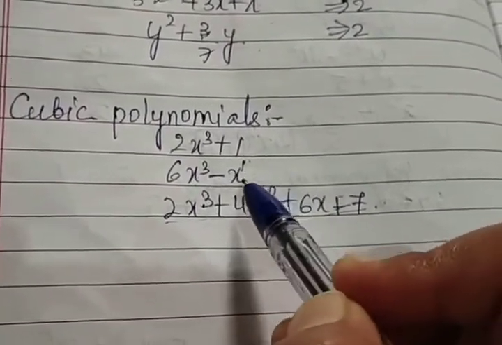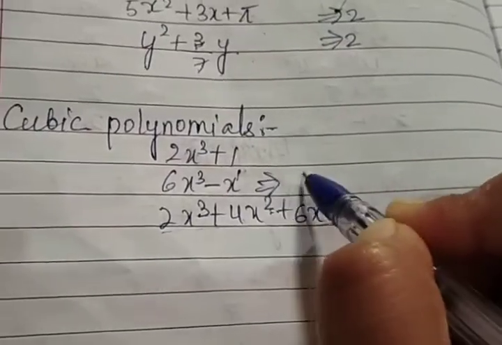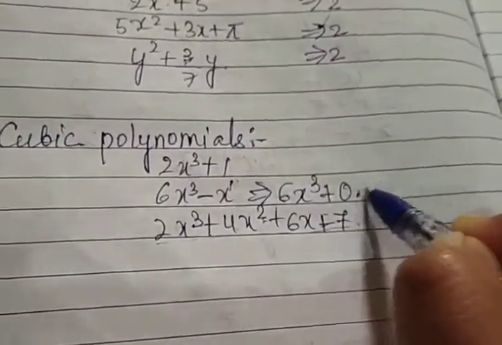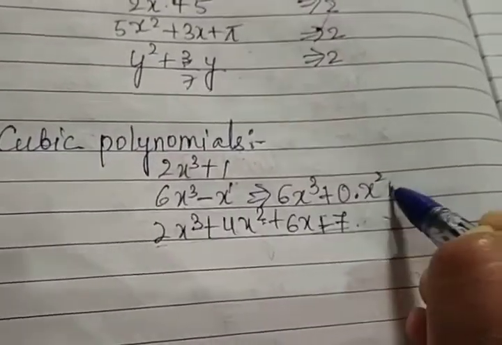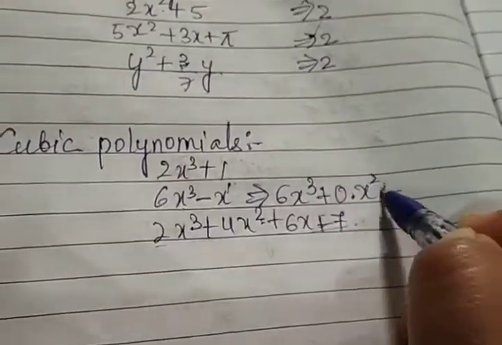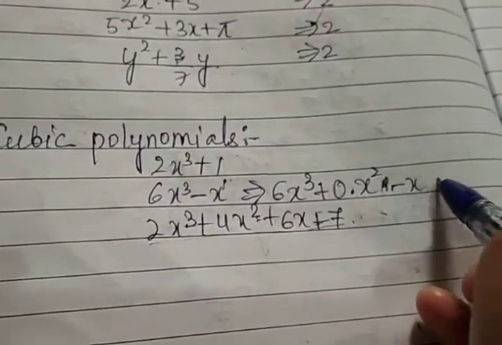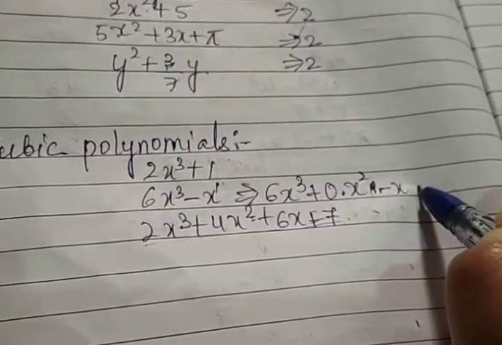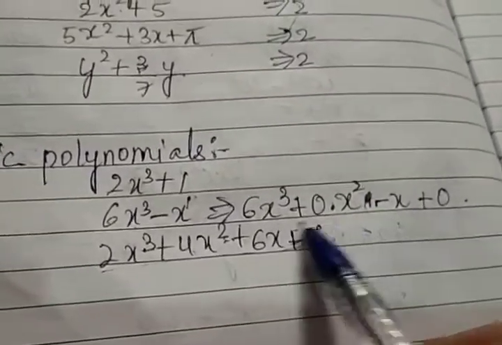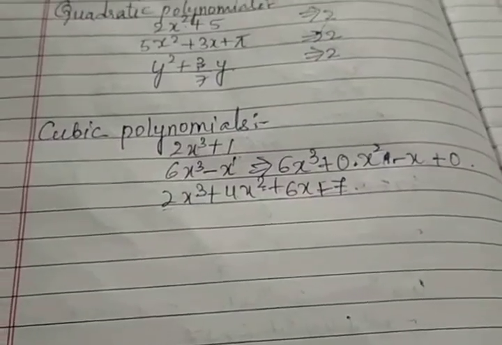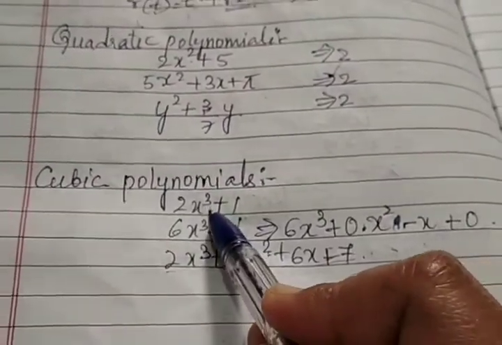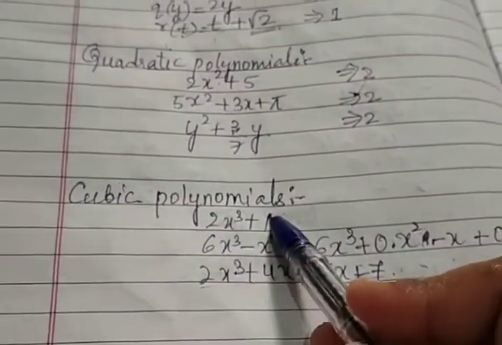So you can insert one more term by writing this as 6x cube plus 0 into x square, because 0 into x square means the same, the term is not there. Then x plus 0. So this is the standard form of writing any polynomial, and here the degree is 3, so this is called a cubic polynomial.